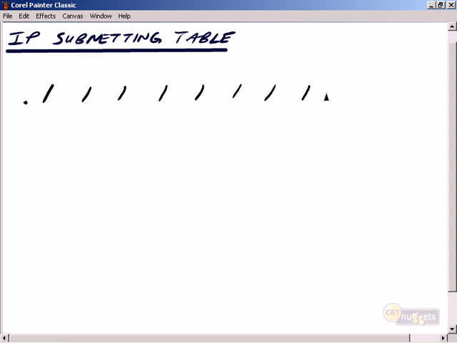I want to make sure that I memorize the values of these bits. So the highest order bit has a value of 128, the next order bit a value of 64, then 32, then 16, then 8, then 4, then 2, then 1. So I'm going to write 8 bit marks and then the value of these.